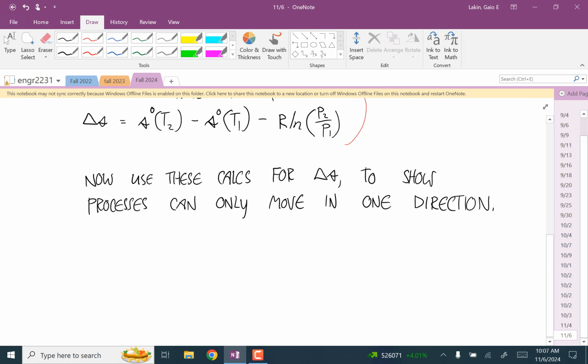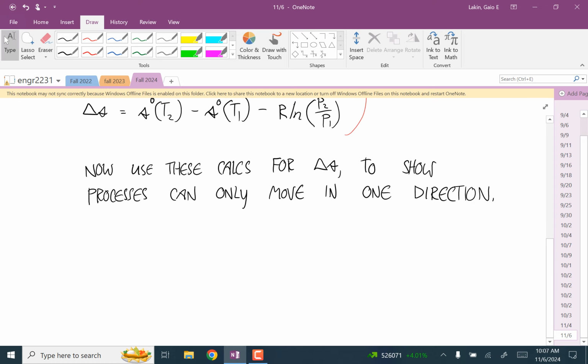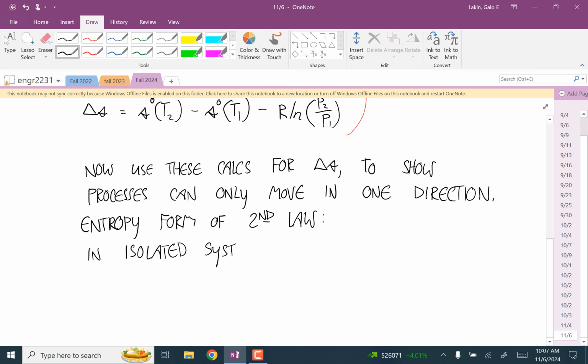And we're going to do that using the entropy form of the second law. And that says that for an isolated system, the change in extensive entropy is greater than or equal to 0.